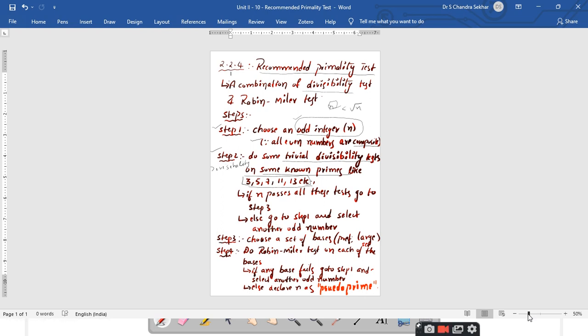If the given number n passes all these tests, then we go to step 3. Step 3 and step 4 are nothing but the Rabin-Miller test. That's it.